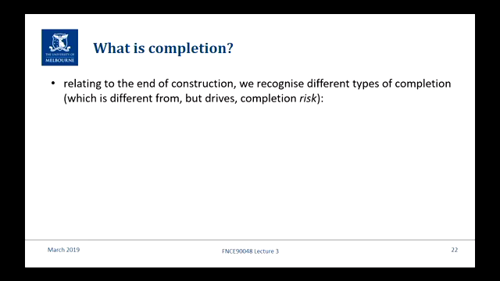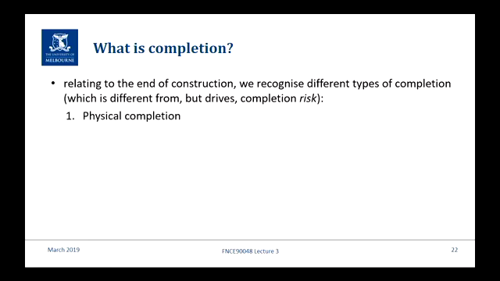So if you've met completion, you have met the condition for the loan going non-recourse. So it's at the end of construction, but there are different types, and it's again project specific. So completion itself is different from completion risk, but of course it's one of the drivers of completion risk.